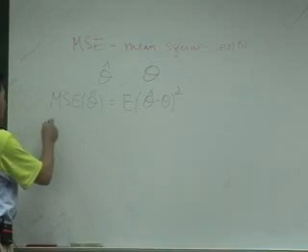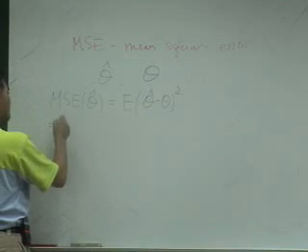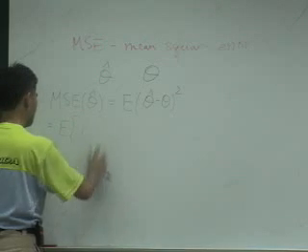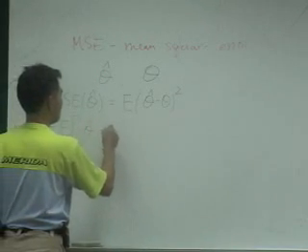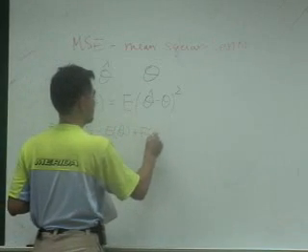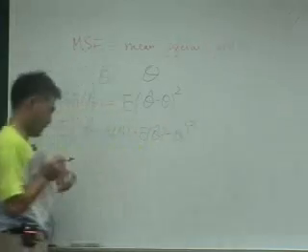So what is this? We expand it. And now how to expand it? So we have expectation of (theta hat minus expectation theta hat plus expectation theta hat minus theta) squared.